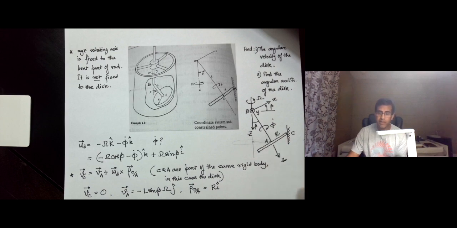The rotating frame here is not fixed to the disk, it is fixed to the bent part. Even though the point of contact C changes, that is, the disk has different points of contact with the cylinder at different times, the x direction is always in the direction of A to C, so this is true at all times.